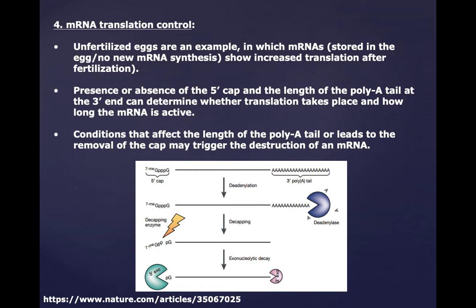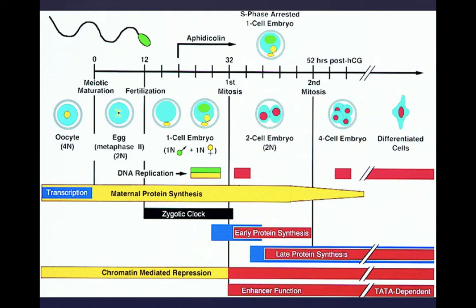But essentially, for the concept of mRNA translation, the context that is very popular, which I've already discussed, I think, for the second time, is the unfertilized egg. So your unfertilized egg will have to wait for the signal of fertilization for the translation to be more active, to have higher rates.